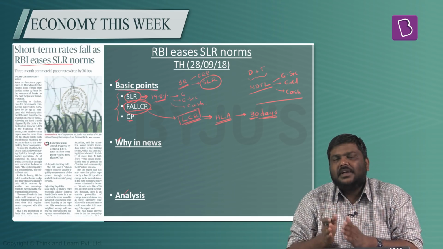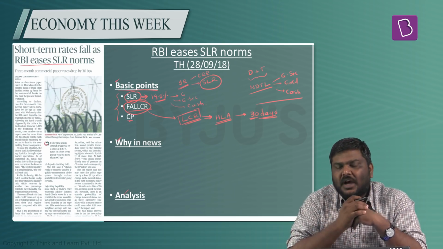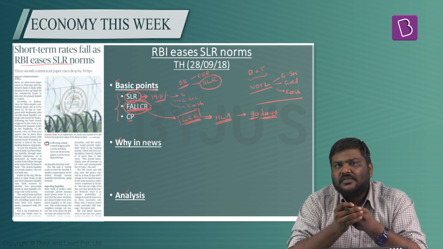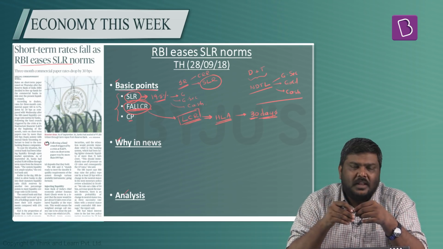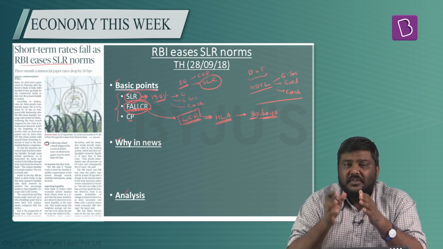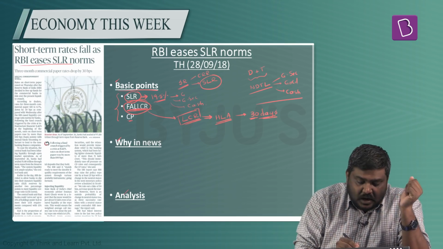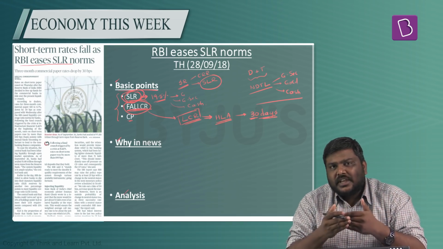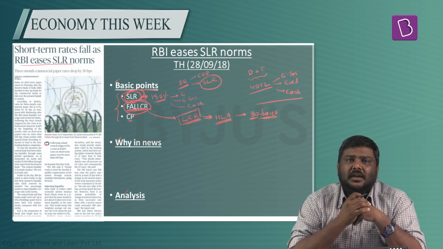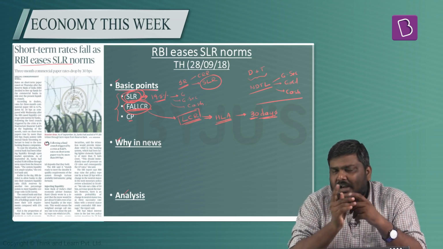And using this liquidity coverage ratio, RBI has introduced FALLCR, which stands for Facility to Avail Liquidity under Liquidity Coverage Ratio, under which RBI says that the government securities you have purchased under SLR, you can pledge back to RBI to get the liquidity. I'll repeat it.